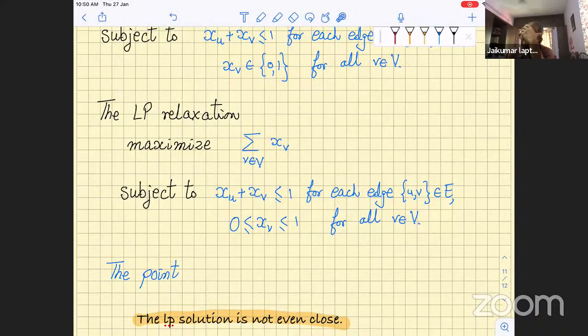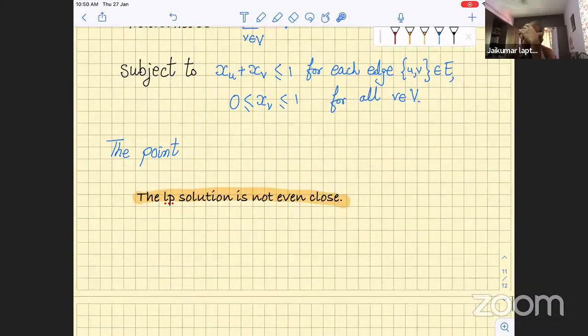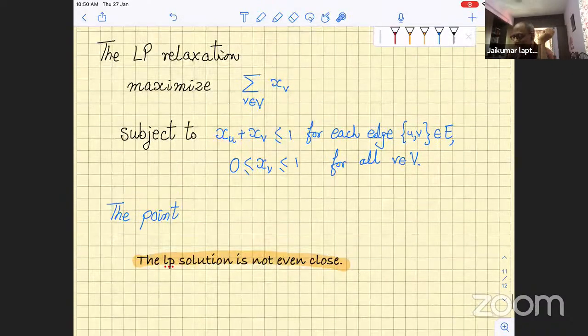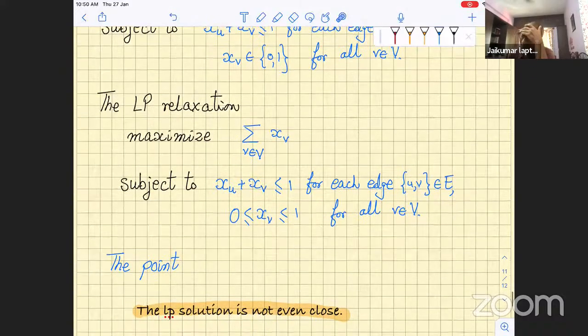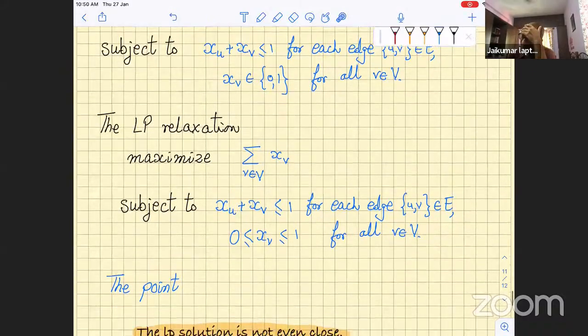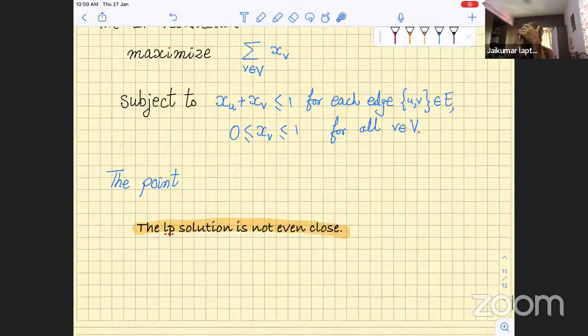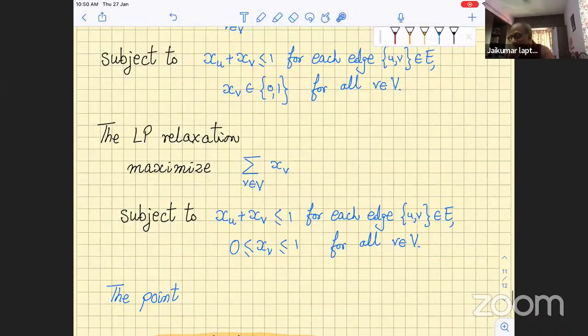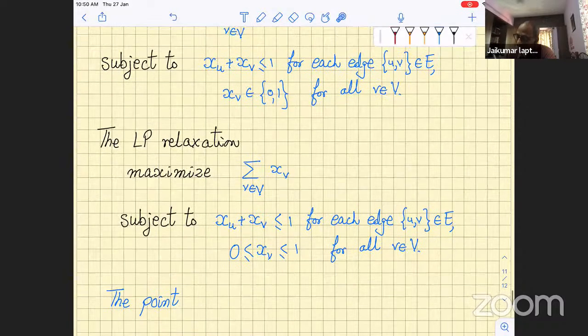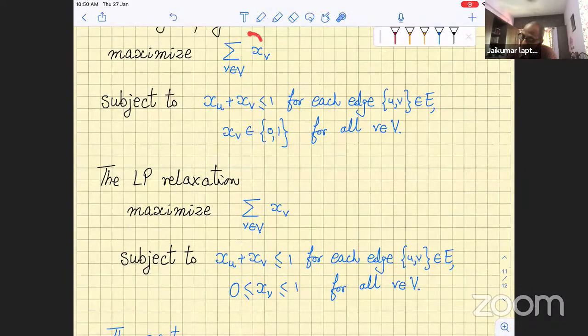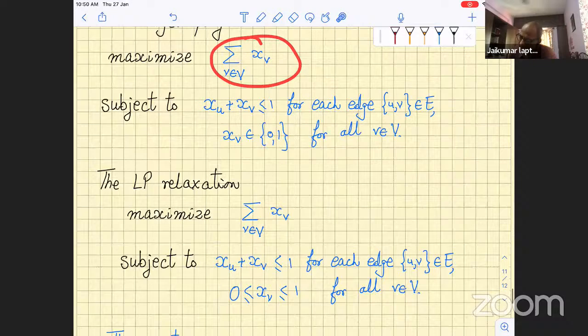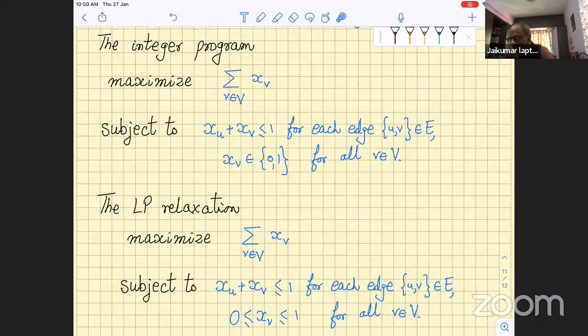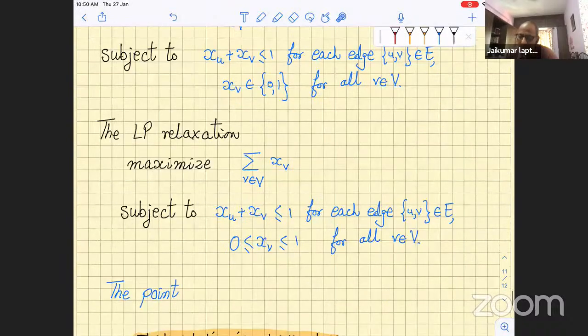Now, this particular linear program is not even close to the optimum. The point is that you're trying to maximize this. My claim is that if it's an n-vertex graph, you can always get a solution to this LP which is at least n over 2.